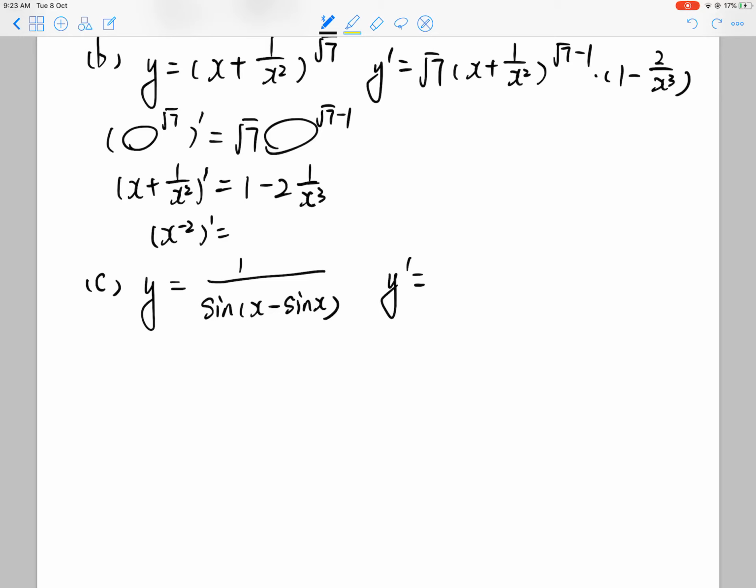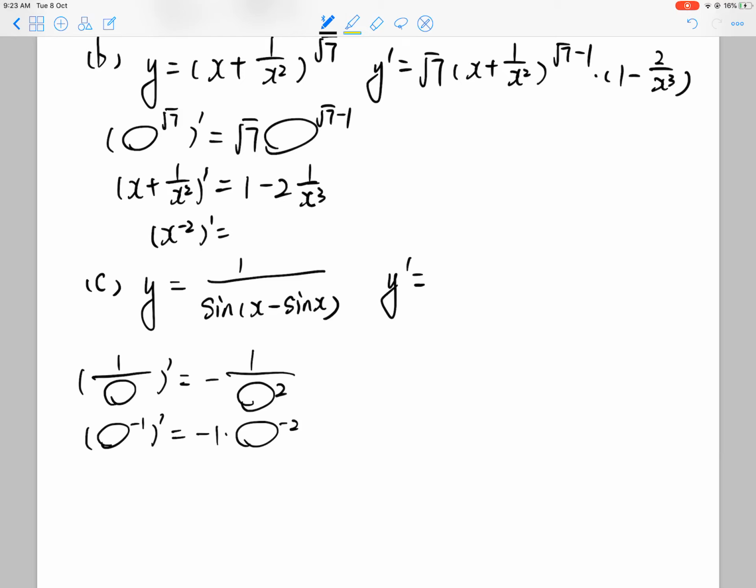It's something to the power of negative 1. The derivative is negative 1 times this thing to the power of negative 2, which is also negative 1 over this whole denominator squared.